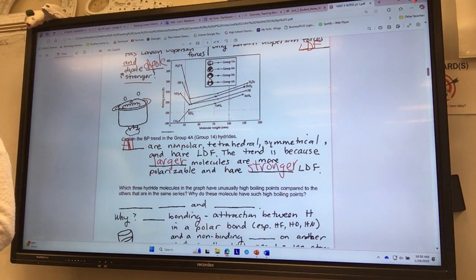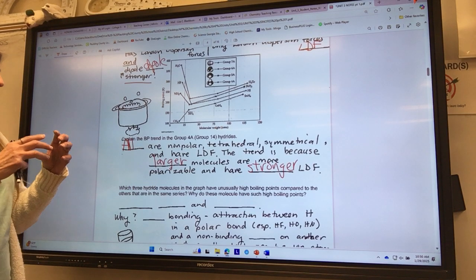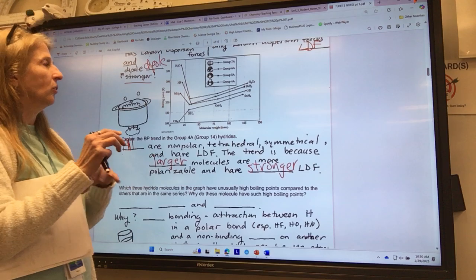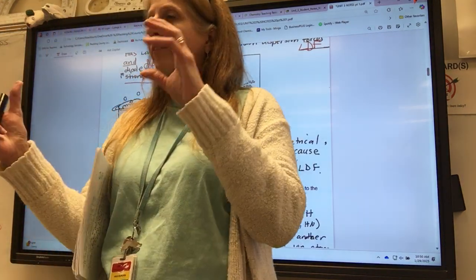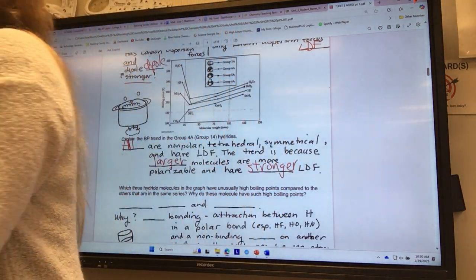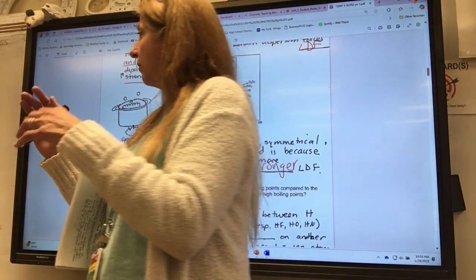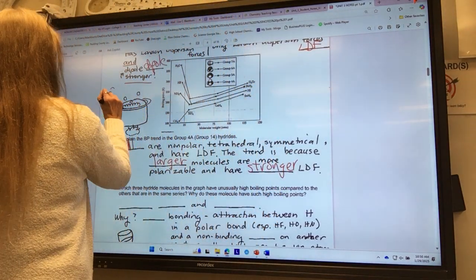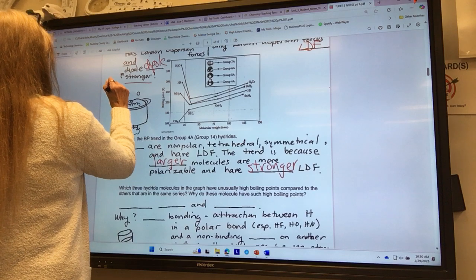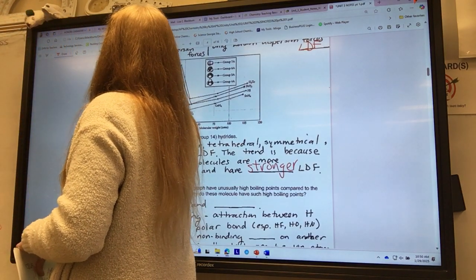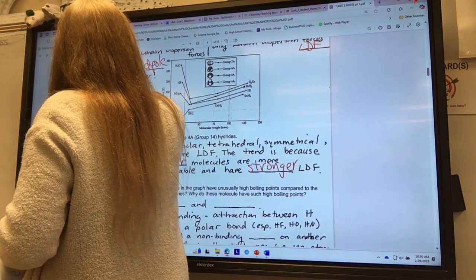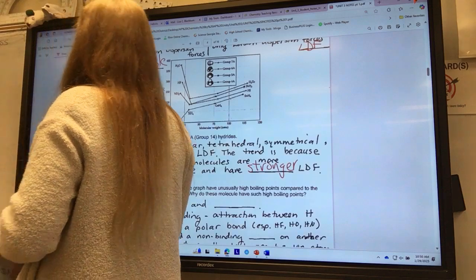Okay, I have two questions. What is a dipole? Dipole is where it's a polar molecule and it has a positive end and negative end. And each end is called a dipole. So water, like you got water, let's draw a little water here. Water always is negative on the oxygen side and positive on the hydrogen side.